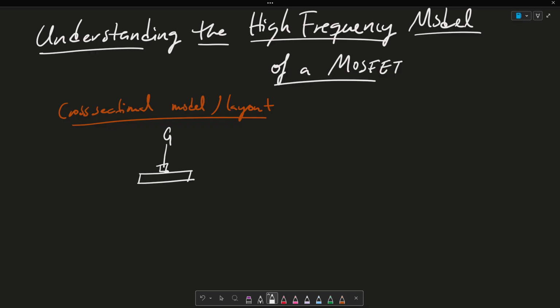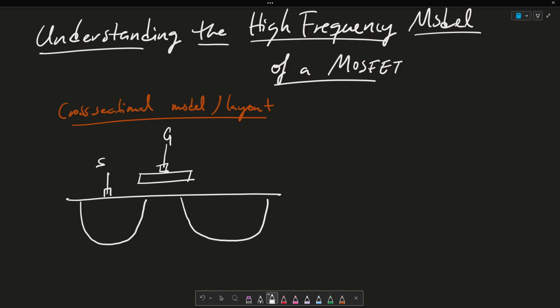And underneath it, you have this gate oxide or a silicon dioxide. I'll draw that last, but then you have the source terminal and you also have the drain terminal. Again, the gate oxide is somewhere here, and it's an insulator essentially.